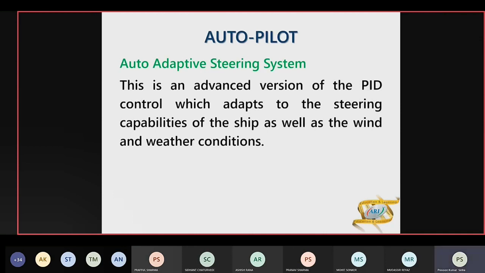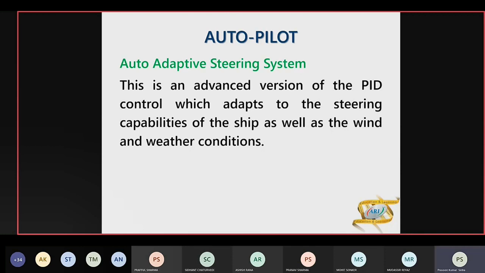So auto adaptive steering system, as we said, is an extension of the PID system. It adapts to the situation. It adapts to the steering behavior of the ship. Given a certain kind of action, a certain kind of response of the ship, all are taken as input. मैंने क्या किया, क्या हुआ.